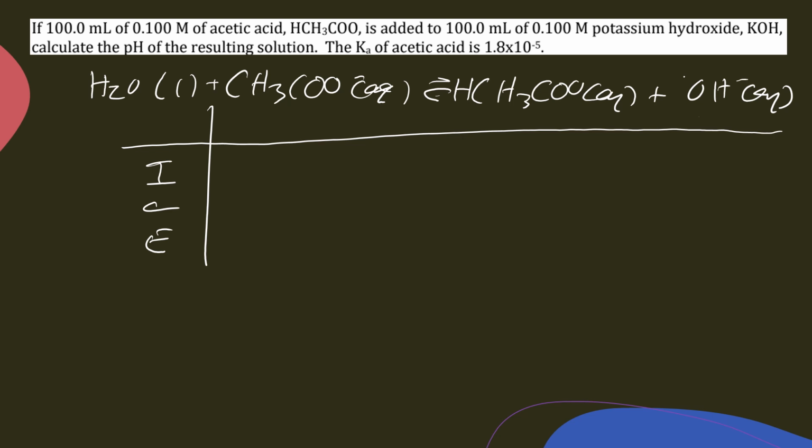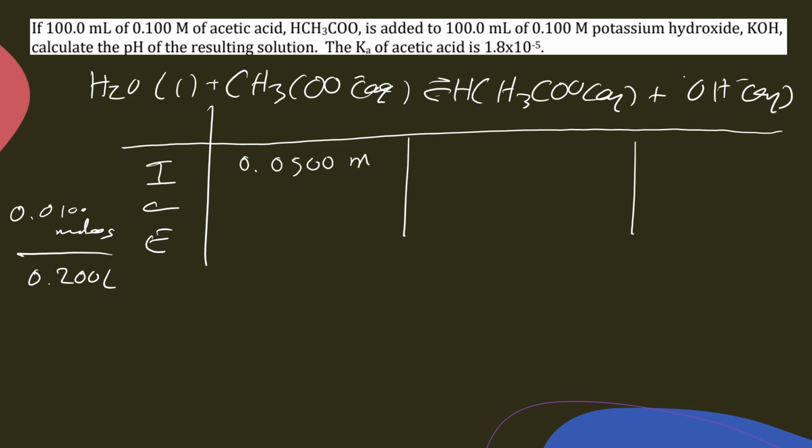It's going to be the number of moles of it, 0.0100 moles, divided by the total volume of the solution, 0.200 liters. So my concentration of that is going to be 0.0500 molar. The other two don't exist right now. So when it decreases, it's going to change by x based on my stoich. The other ones will just increase by x.